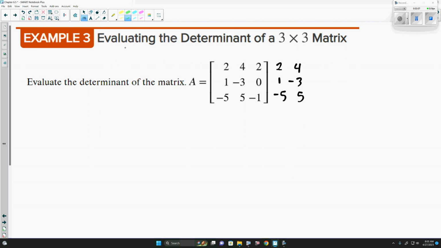And then we multiplied these three sets of three numbers together. So 2 times 3, negative 3 times negative 1, 4 times 0 times negative 5, 2 times 1 times 5, added those three together. And then we subtracted from it the product of these three groups of three numbers, and that gave us the determinant.